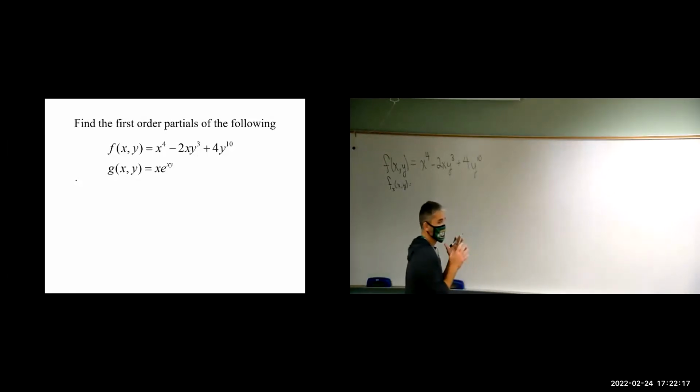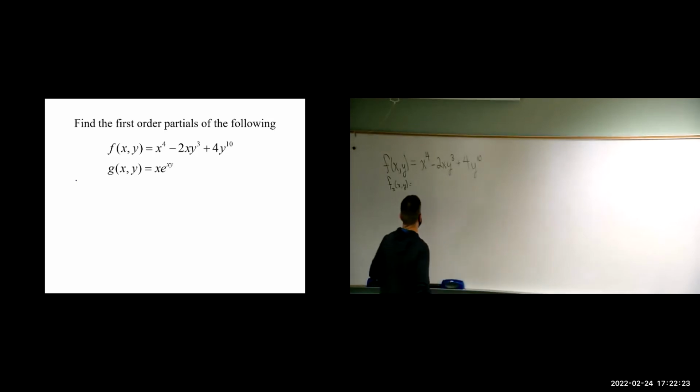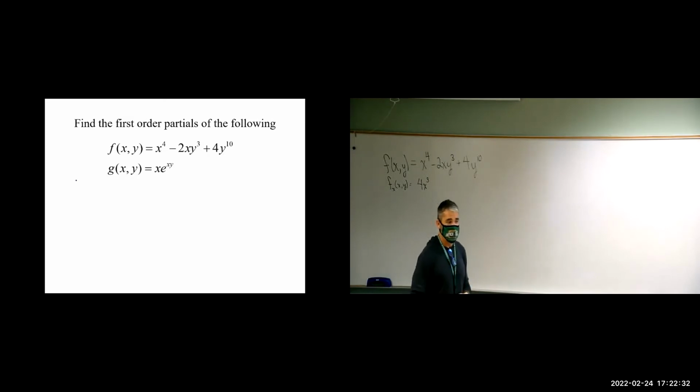Okay, here's the nice part. Anything that just has an x in it, Calc 1 business as usual. So if I'm doing the derivative of x to the 4th, it's my simple power rule, 4x cubed. Now, next thing, if you've got what I call an interactive term, it's got an x and a y. Well, what is y to us right now?